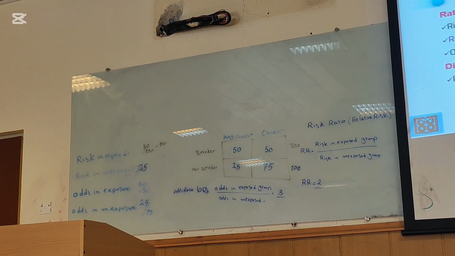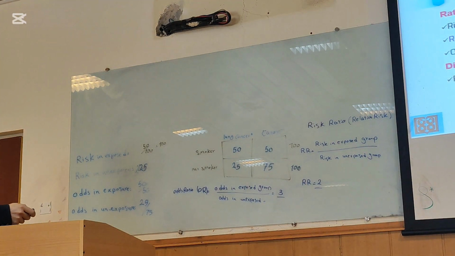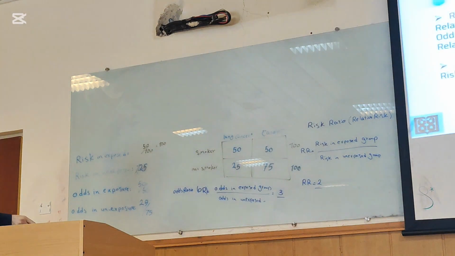I want to focus on risk ratio and odds ratio. And another approach is the difference approach, and based on this approach, we can calculate risk difference and attributable risk. In the following, we will calculate and interpret these indices.